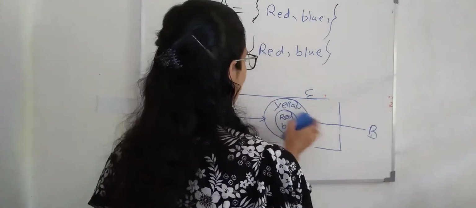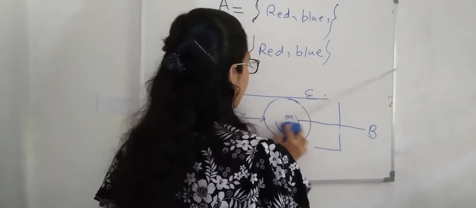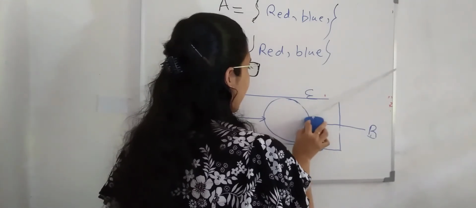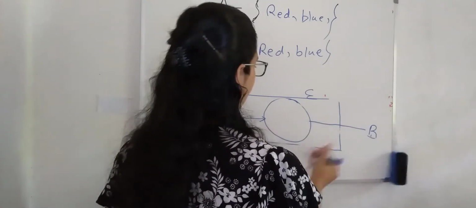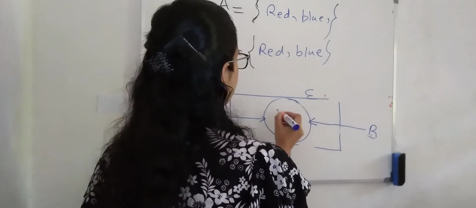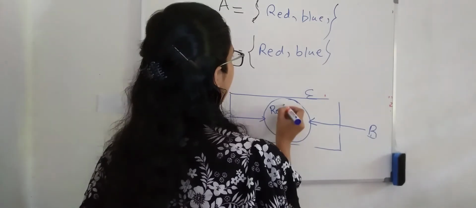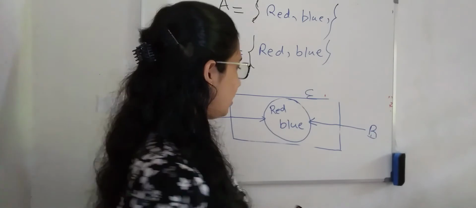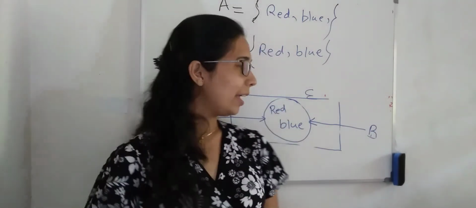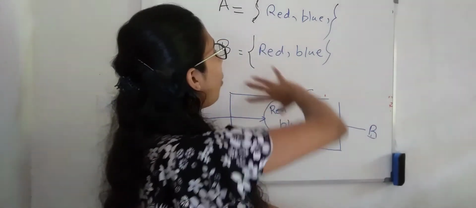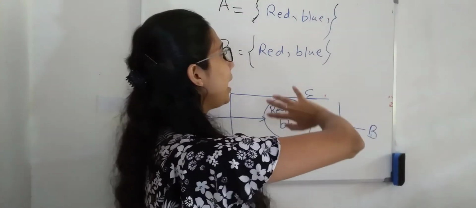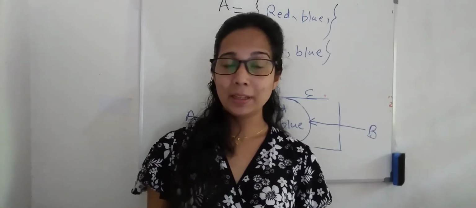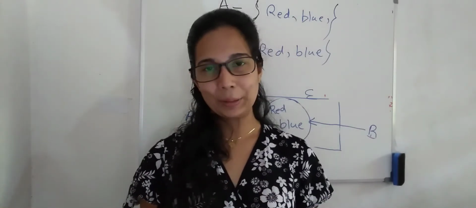Only one Venn diagram, and we can name this Venn diagram by the two names A and B. And now what are the elements? Red and blue, right? Because all the elements are the same in both sets. This is the way of representing when two sets are equal.